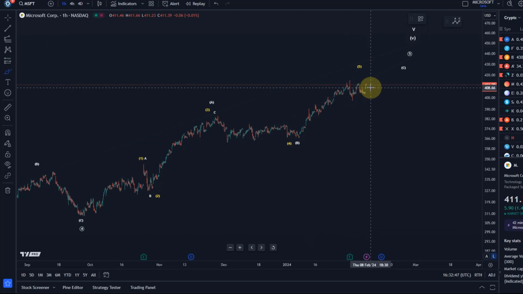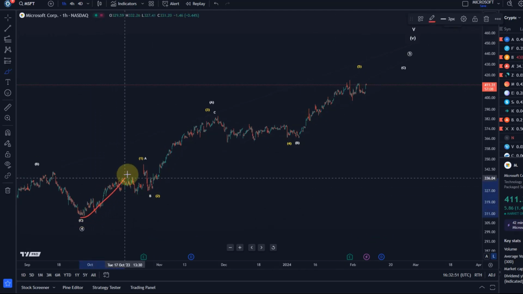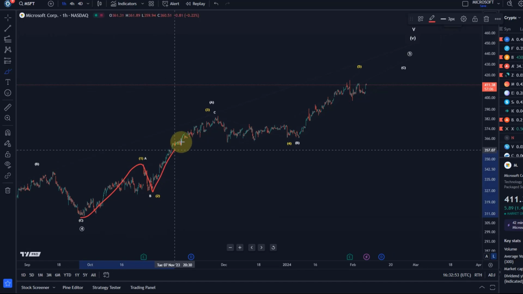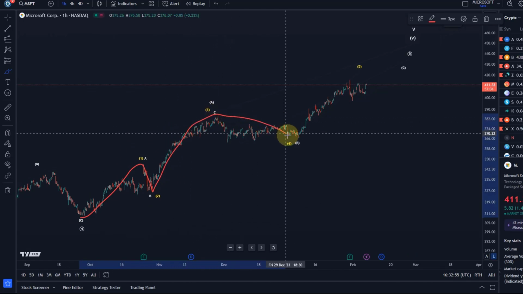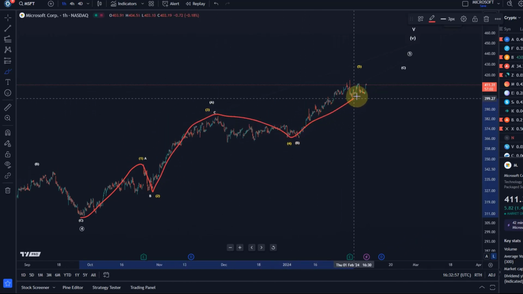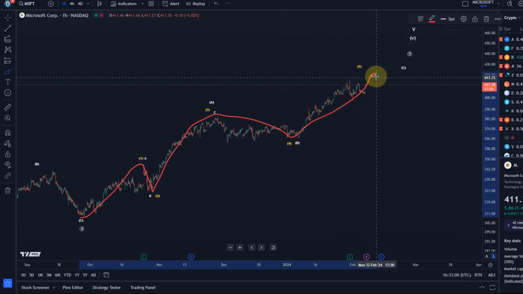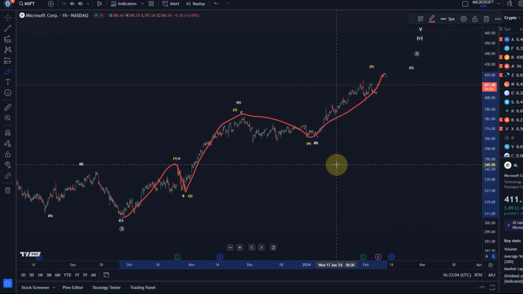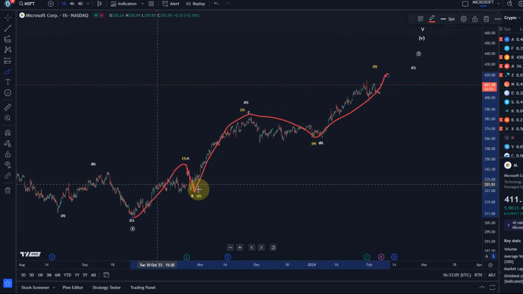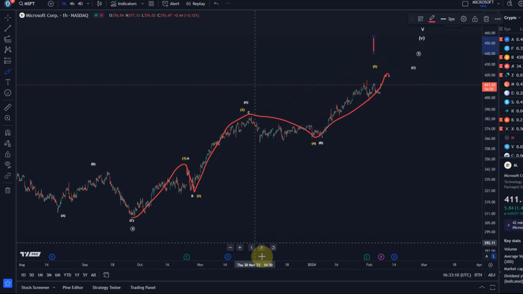It can top at any point. And this is an impulsive count in which we had a wave 1, a wave 2, a wave 3, a wave 4, and the wave 5 is now unfolding, might get one more squiggle higher, and then it might top and come down.